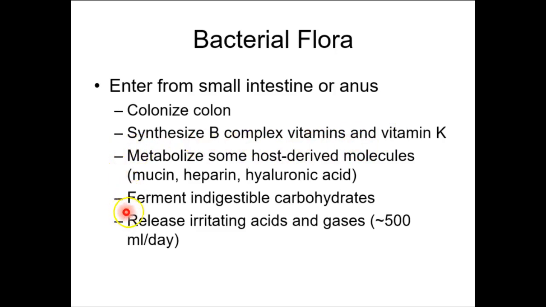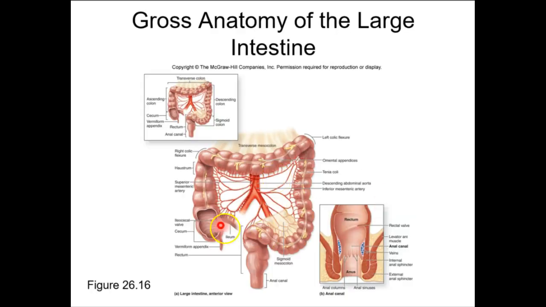It also is going to help ferment indigestible carbohydrates. So if you're a vegetarian, if you have a primarily vegetable diet, it turns out humans don't actually have the enzymes to benefit from all of the nutrients in vegetables. But some of our resident bacteria might be able to. So in order to get nutrition out of vegetables and actually benefit from vegetables, we have to ferment them with our bacteria.